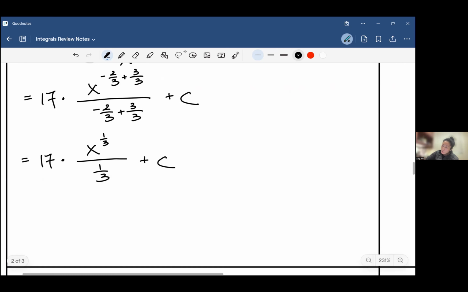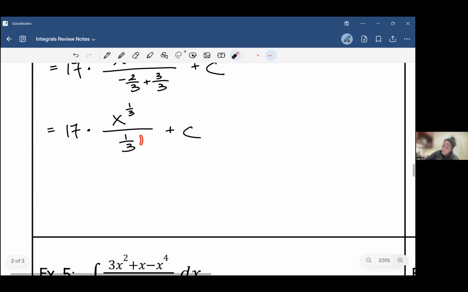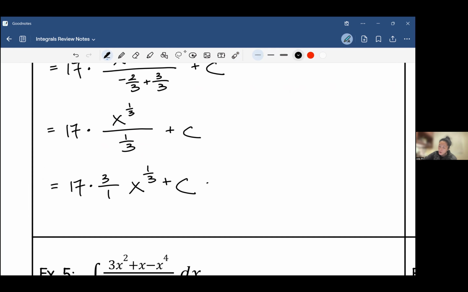And then same thing as before when we divide by a fraction. So dividing by 1/3 is the same as multiplying by the reciprocal, or it's like 7 times 3 over 1, x to the 1/3 plus c. And now we'll clean it all up. We'll multiply things out. And I believe we get 21 times the cube root of x plus c.